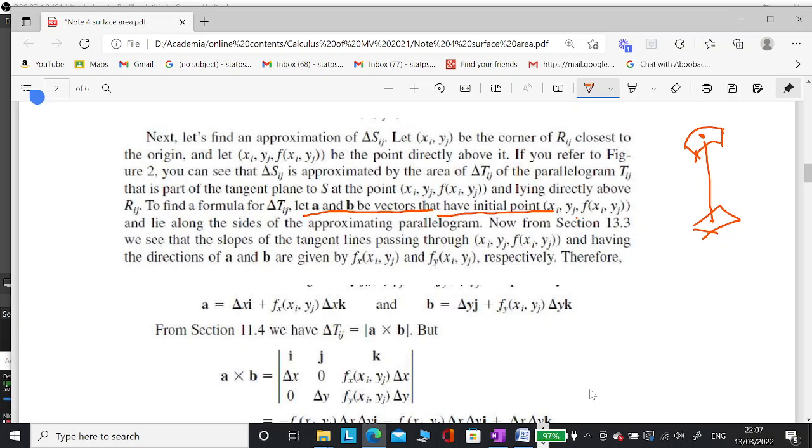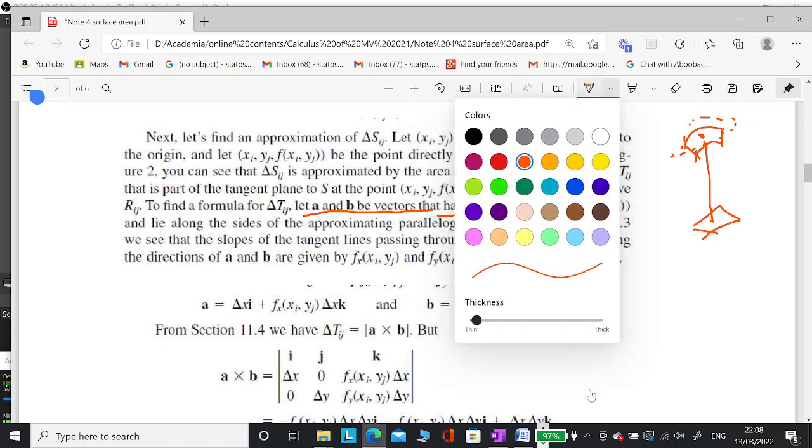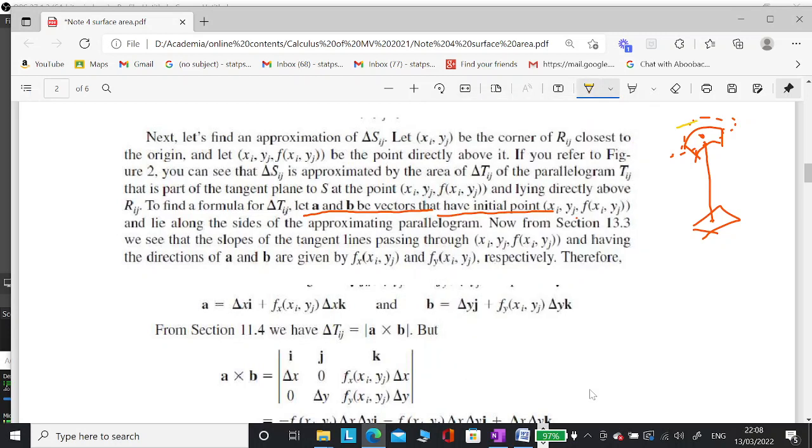This surface contains the point xi, yj, f of xi, yj, and the vectors lie along the sides of the approximating parallelogram. So above that we consider the parallelogram like this, with reference to this point.